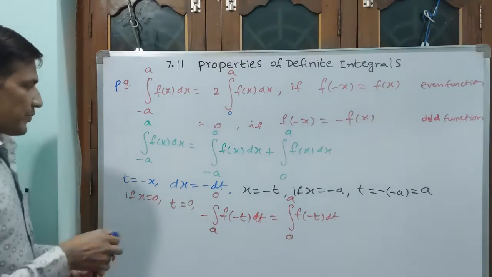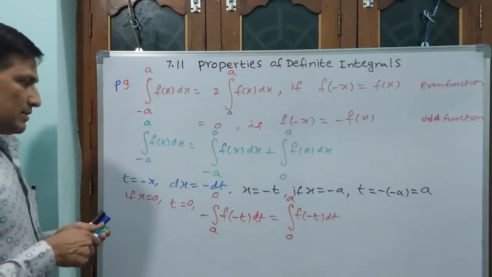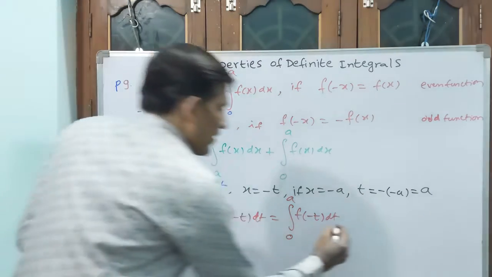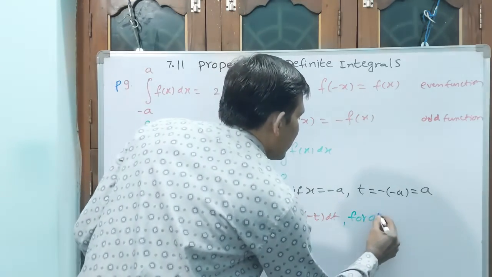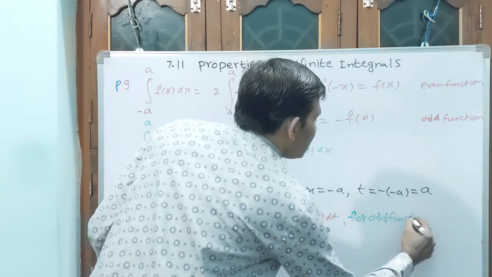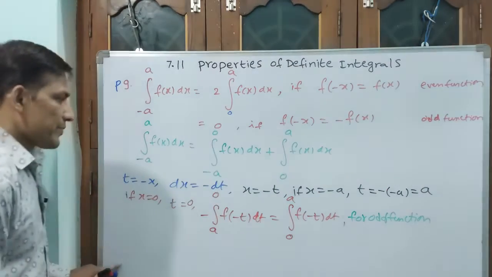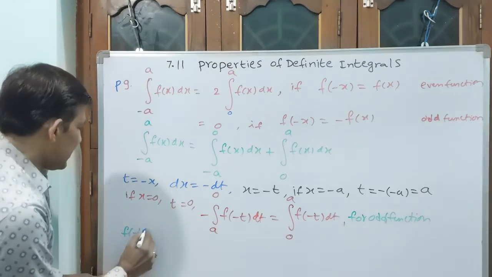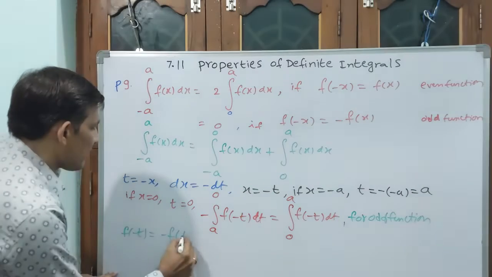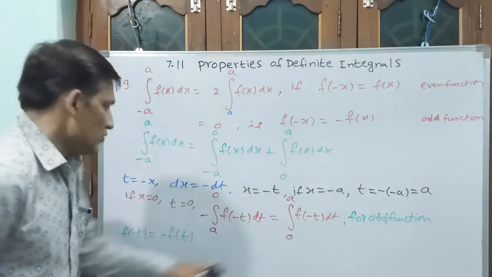Now you see, for odd function, f of minus t is equal to minus of f of t. Okay, this is going to become what?